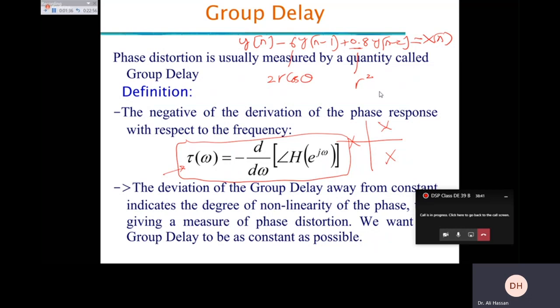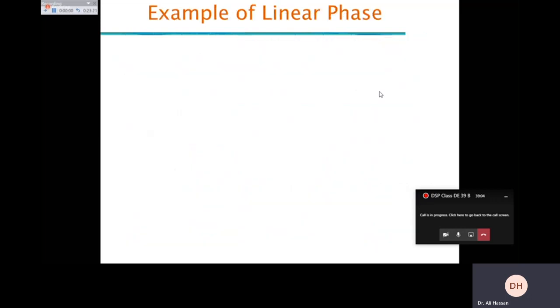So it's important that we comprehend this. It says the deviation of the group delay away from constant indicates the degree of non-linearity of the phase, thus giving a measure of phase distortion. Shortly we will understand what this statement is saying: ideally the group delay should be a constant. So now let's try to understand.